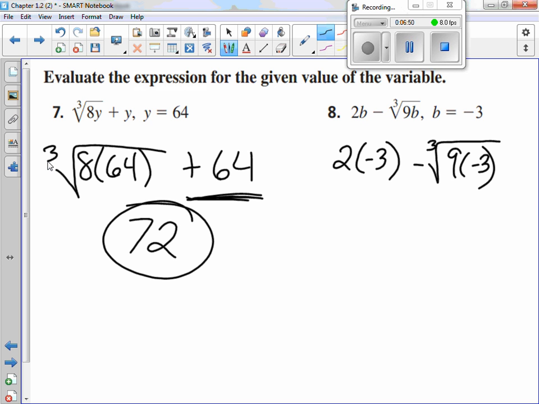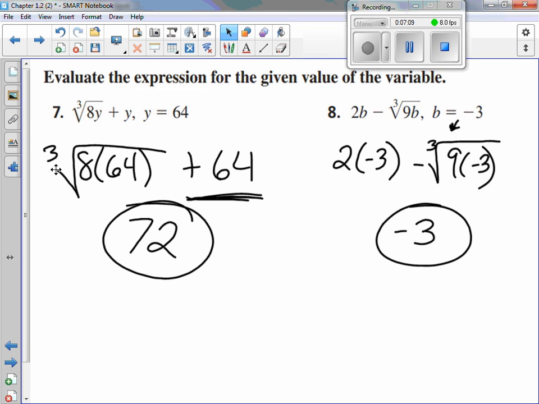It's fine with any odd root. Whatever the root number here, this 3, if it's odd, it's fine. So 3 is odd. So having a negative number inside of this root is fine. There's nothing wrong with that. And we can plug it into the calculator, and the calculator will tell us that this simplifies down to -3. And we're done. That's all we have to do for this here.